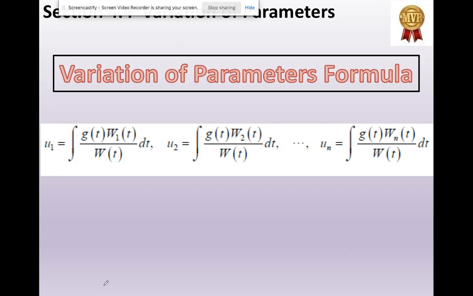No negatives. Remember, for the 2 by 2, I always had a negative in front. So notice that this one uses u's. I like to use v's for the variation of parameters. So g of t is your non-homogeneous piece of the differential equation.